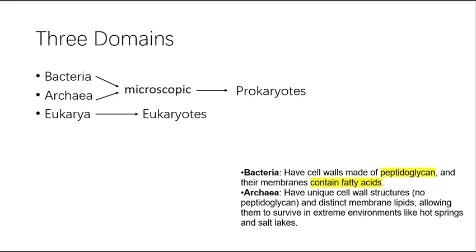The organisms of domain bacteria and archaea are considered microscopic, and both are unicellular, meaning that their entire bodies consist of just a single cell, and these cells are relatively simple as a result. For example, they lack nuclei, which means that their DNA is not separated from the rest of the body. These organisms are called prokaryotes.